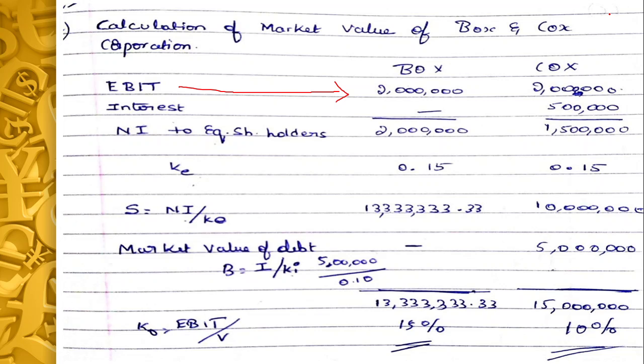Now, once we know net income available for equity shareholders, and since they have given cost of equity, or what we represent as KE, we can easily find out the total value of equity. Okay. So, it can be calculated by dividing net income by cost of equity.